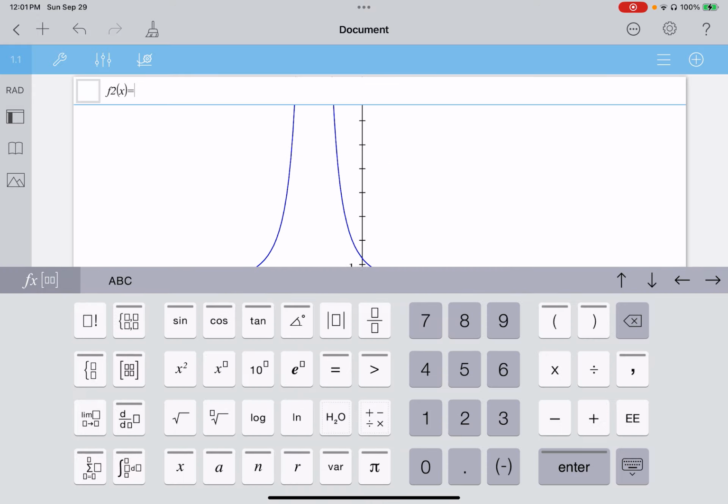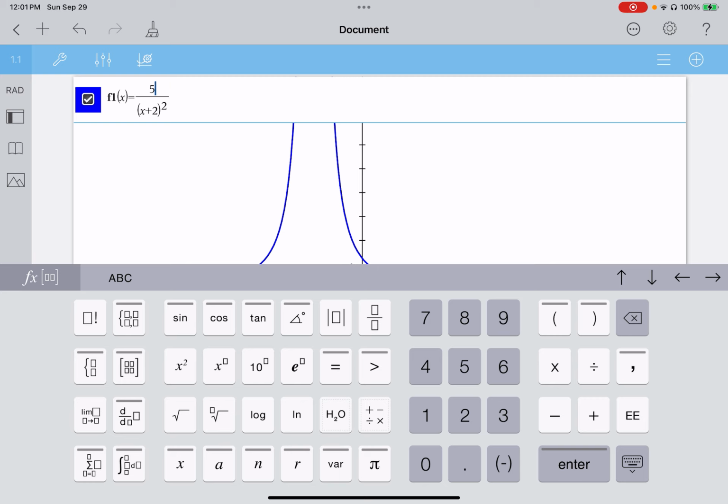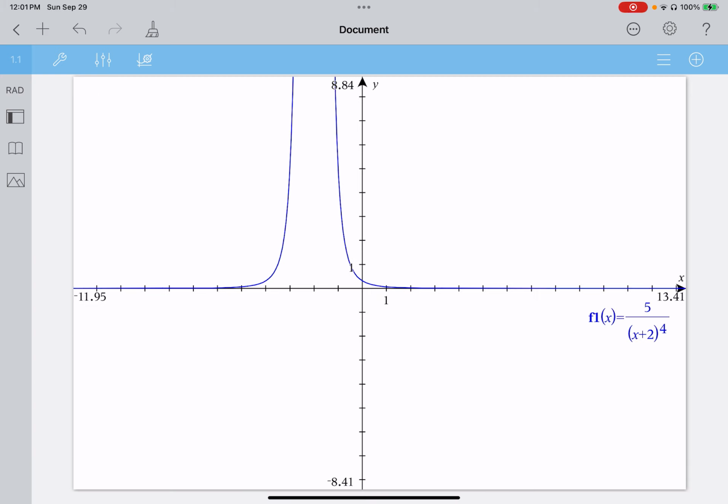Okay, let's try another exponent. Let's say I put to the power of 4. They're still both going up to positive infinity. So what that means is if the factor that your vertical asymptote is coming from has an odd exponent, then the vertical asymptote will have opposite behaviors on either side.